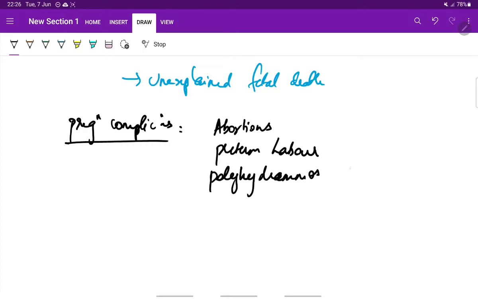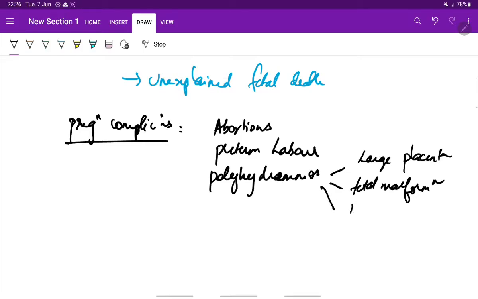This polyhydramnios can be due to the large placenta or the fetal malformations, or this can also be due to fetal polyuria, which is secondary to fetal hyperglycemia.